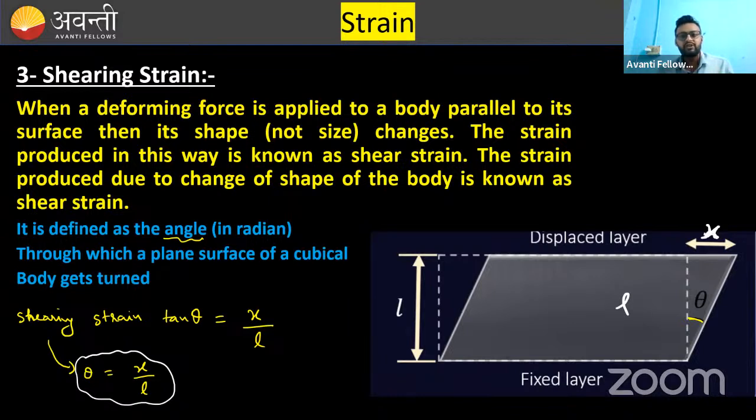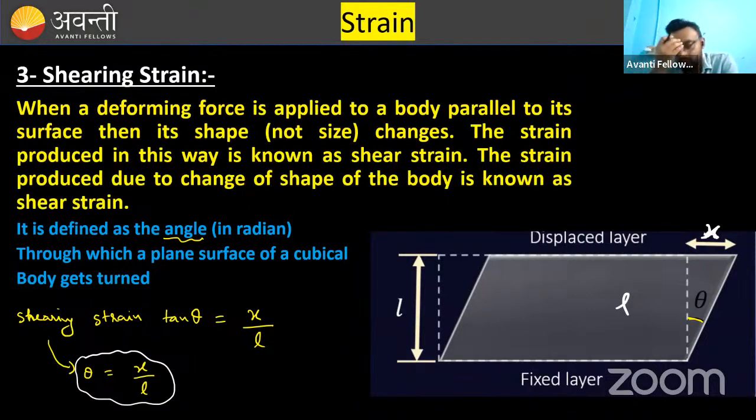First of all, what we have studied is elasticity. What is the cause of elasticity? The cause of elasticity was intermolecular forces. When the body is deformed, the intermolecular forces try to bring the shape of the body back.